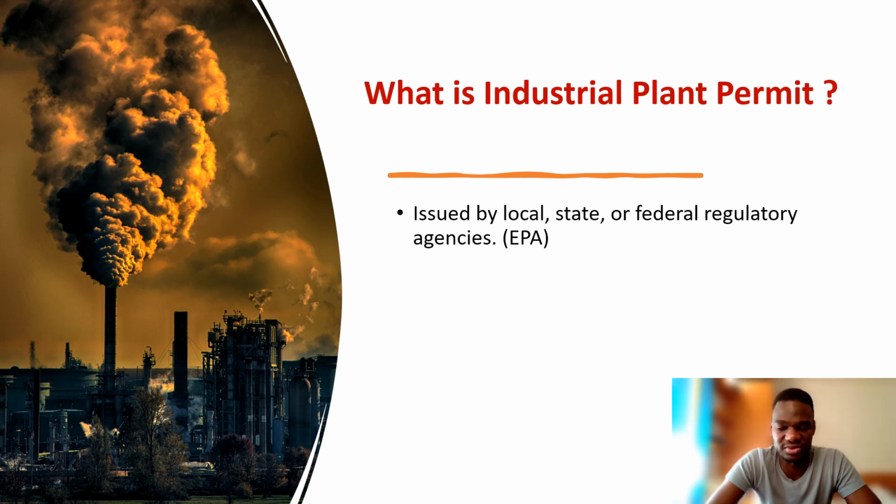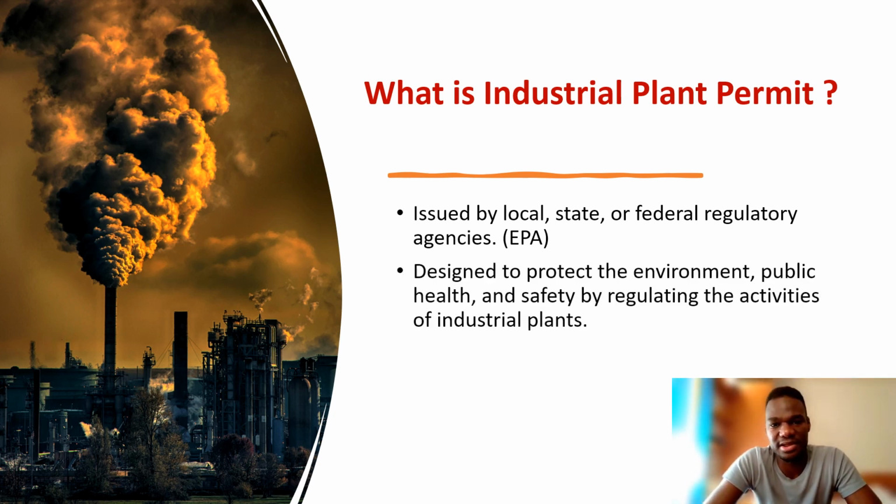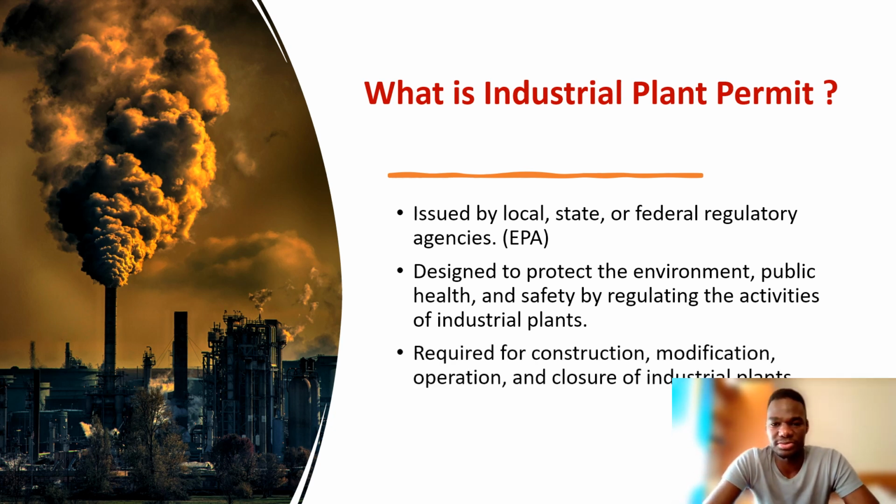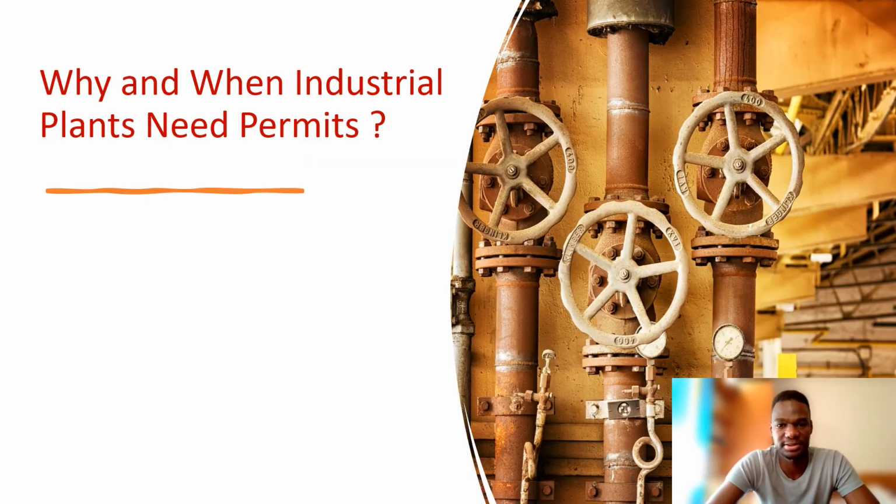In the United States, this agency is called the Environmental Protection Agency, abbreviated EPA, and it is designed to protect the environment, public health, and safety by regulating the activities of industrial plants. Also, industrial plant permits are required for construction, modification, operation, and closure of an industrial plant.